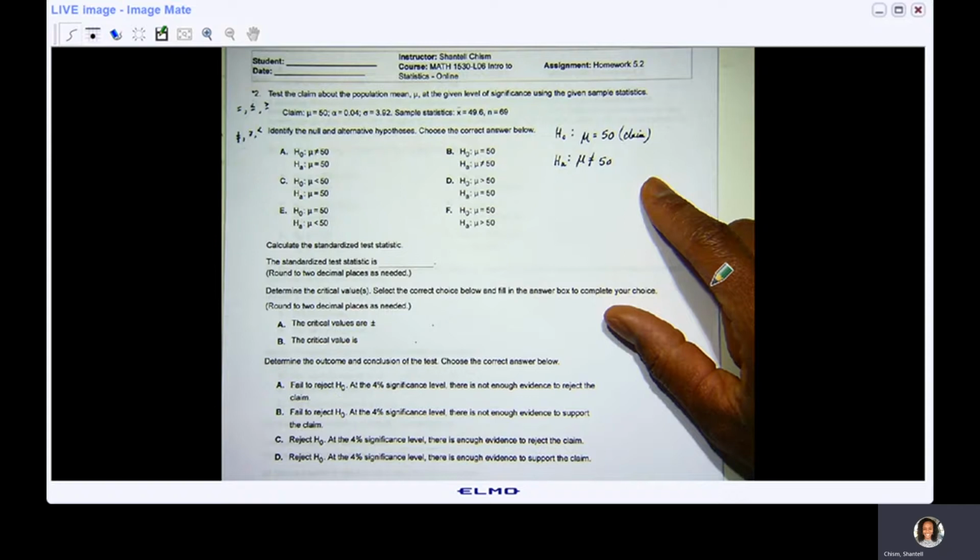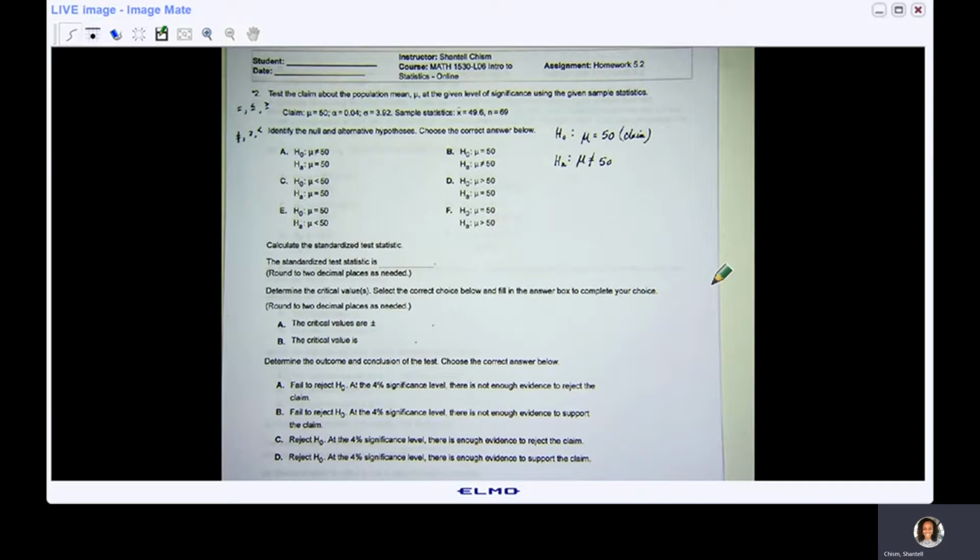Equal is with not equal, so if H0 has equal, HA must have not equal. Less than or equal to is with greater than, so if H0 has less than or equal to, HA must have the greater than symbol. And if H0 has greater than or equal to, then the alternative must have less than.